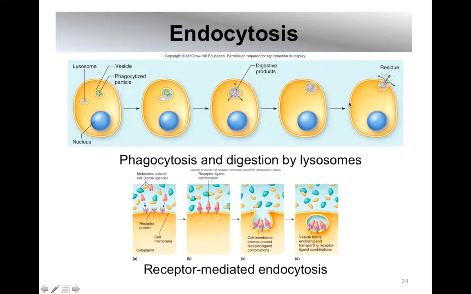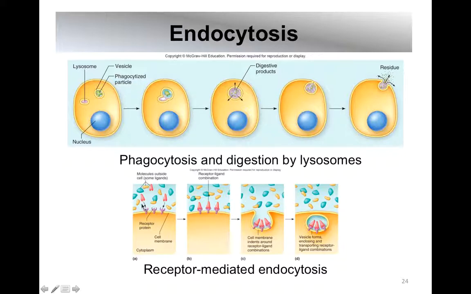This one is showing the end of that phagocytotic episode. This is receptor-mediated endocytosis, and this one requires these receptors here to combine with some particle, and that tells the cell, hey, we need to bring these particles in.